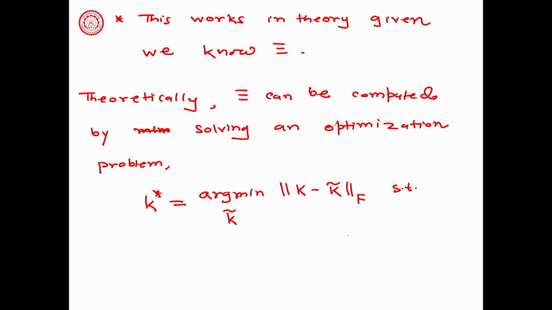Subjected to rank of k tilde is less than equal to r, right. This is the optimization problem you have to solve. One question, how does this norm look like? So, let me also give you that, where k tilde is basically equal to xi transpose, okay. Because if you can find out k tilde whose rank is less than r, you can always find out xi transpose, then it is straightforward, right.